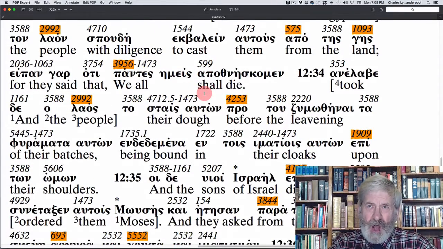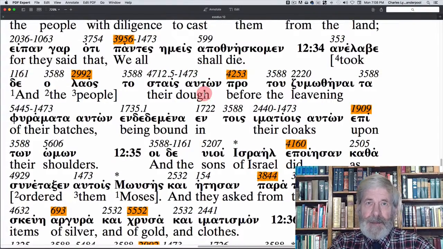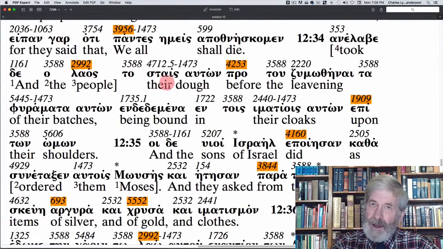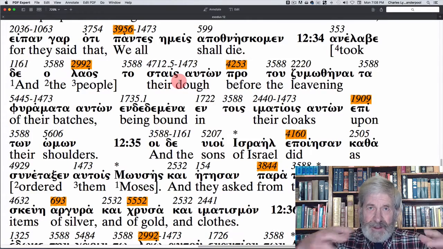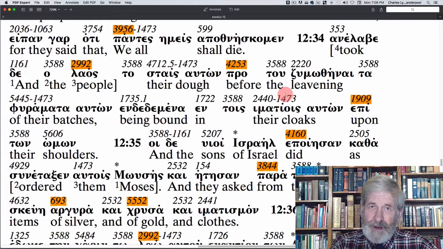We all shall die. And the people took their dough, not money, but the stace, which was the dough that they made the bread with before the leavening. So the leavening was separate. I don't know. They kept it.